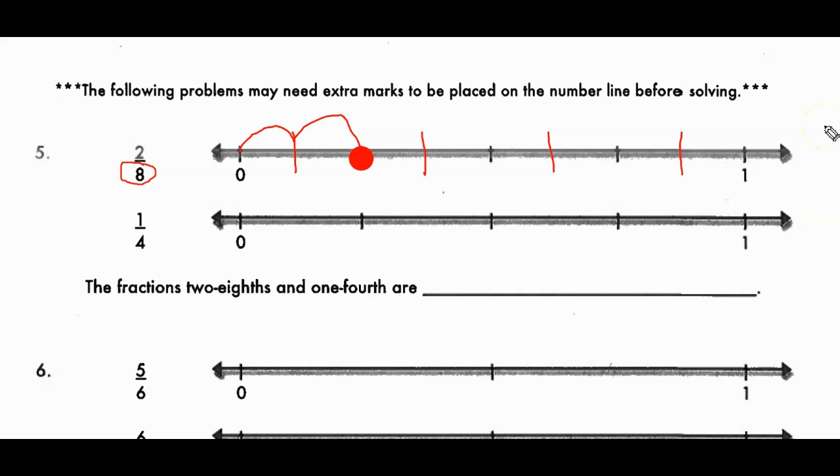1/4. I have 1, 2, 3, 4. The line's already divided. So 1/4 goes where? In the first line, the second one, or the third one? 1/4. Yeah, right here, right?